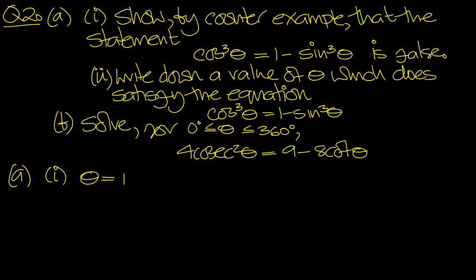Working in degrees in the second part, so I'm going to write it in degrees. 180 degrees gives, let's have a look at this one then. Cos of 180 cubed is minus 1 cubed, isn't it? Cos 180 is minus 1. 1 minus sine, let's just write the value.